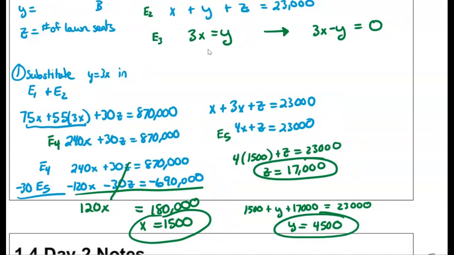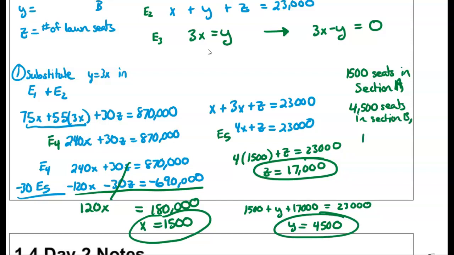And so what that tells me is there are 1,500 seats in section A. There are 4,500 seats in section B. And there are 17,000 seats in the lawn. And that's my answer to this word problem.